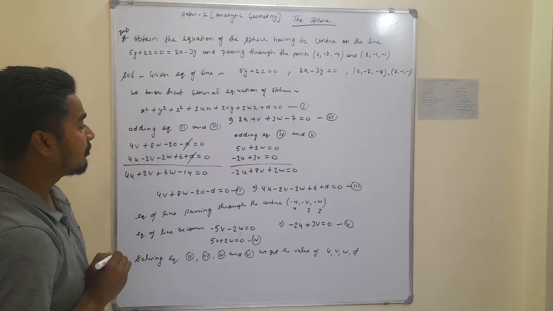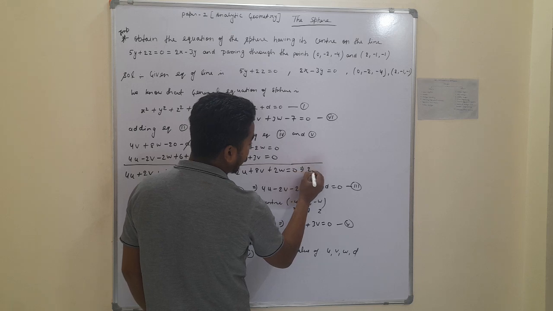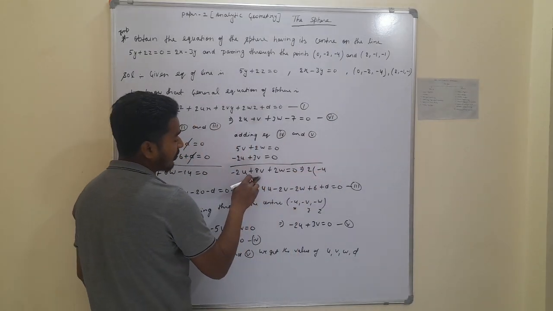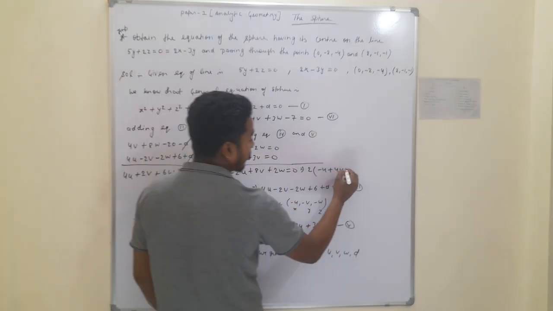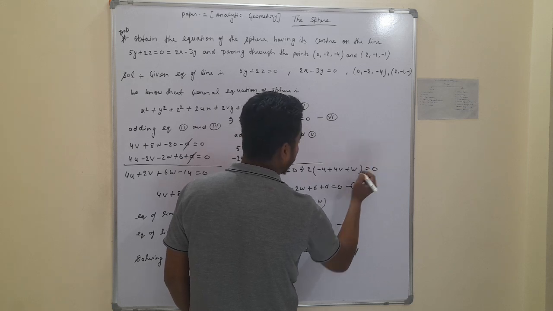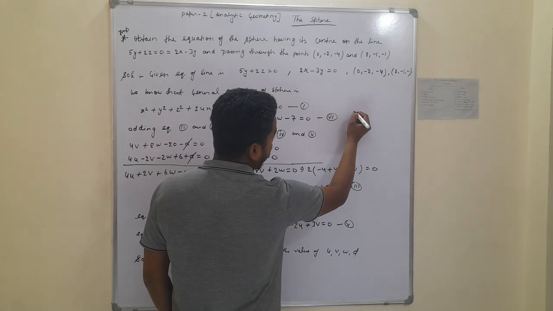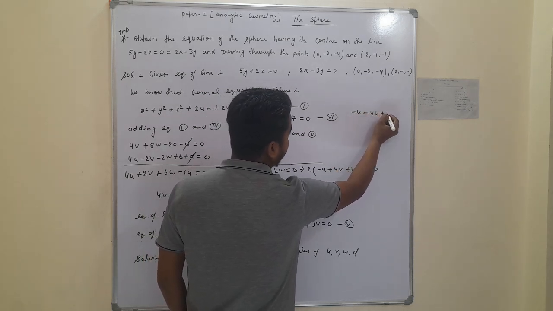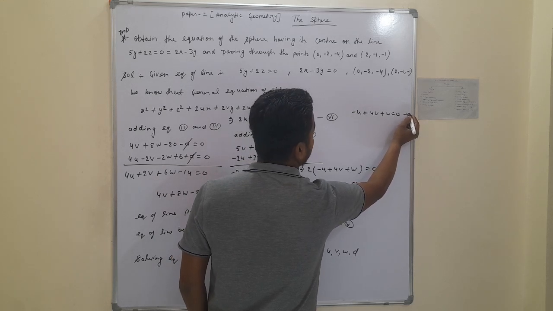And from here taking 2 common, we get minus u plus 4v plus w is equal to 0. Let this be equation 7th.